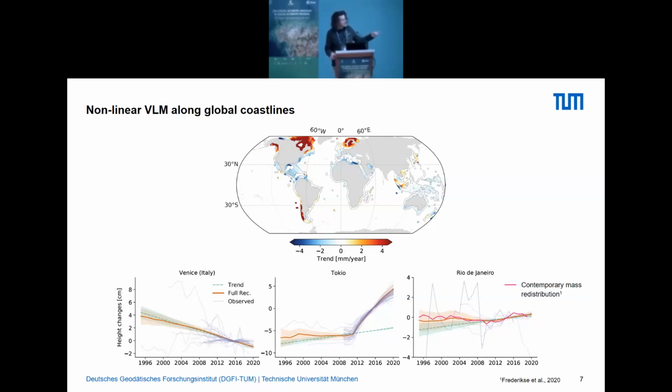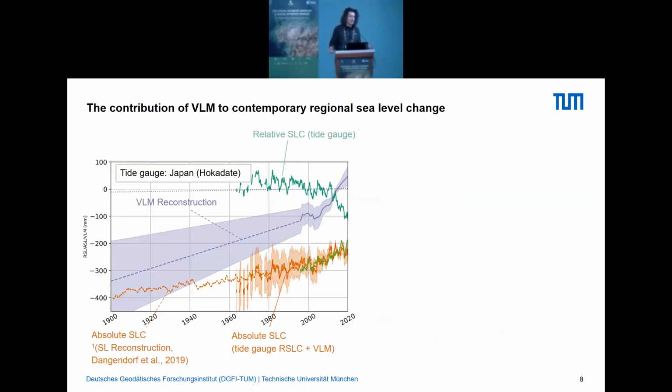You also see the linear trend indicated here, and disentangling components like the linear long-term rate from these contemporary variations is important, for example, if you want to reconstruct sea level into the last century, and this is illustrated here.